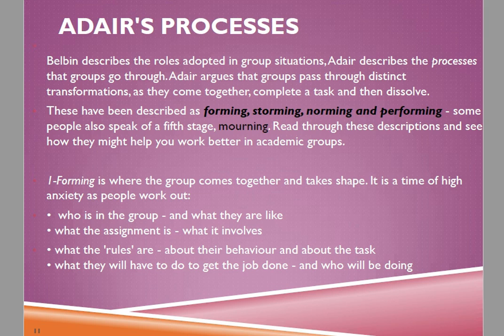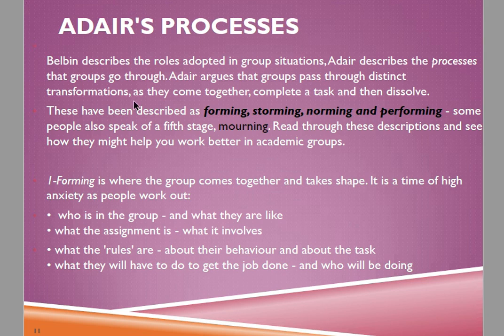So the situation in the group, like here, Belbin describes the roles adopted in a group situation. Adair describes the process, how the group can move on. So Adair argues that a group passes through distinct transformations and how they deal with each other.